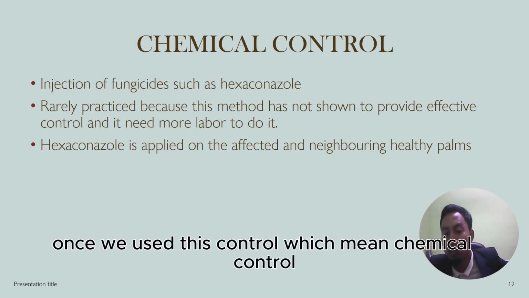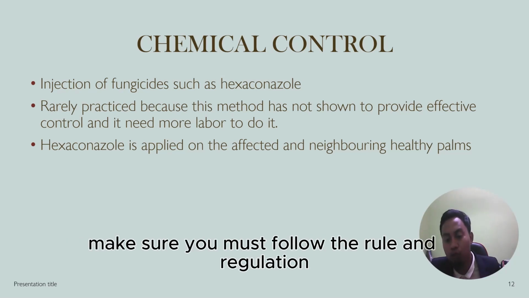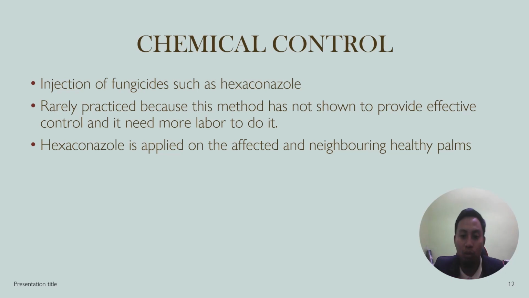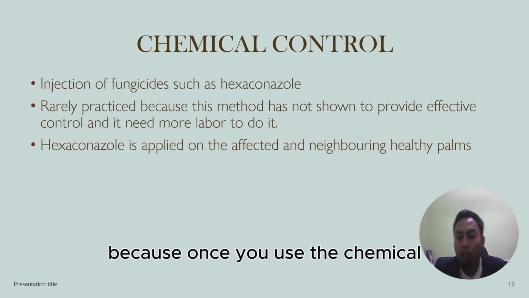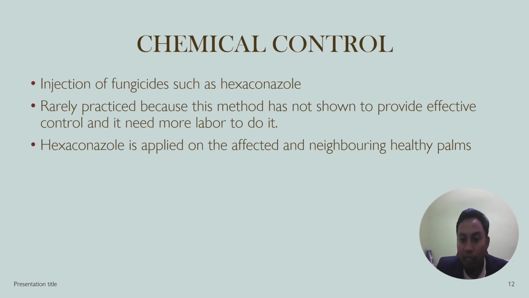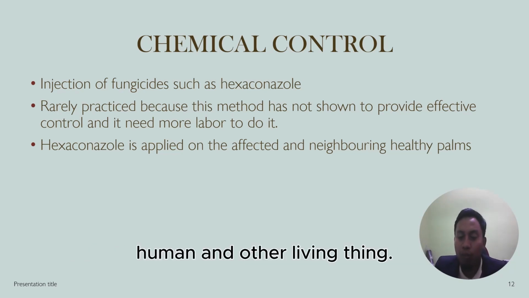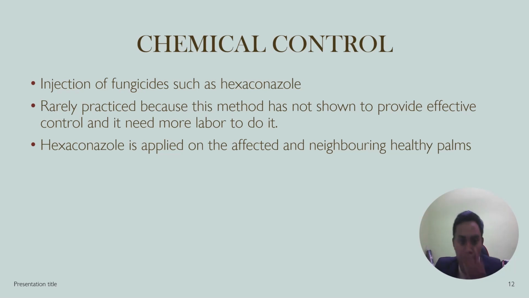Once we use this control, we must follow the rules and regulations and make sure this control is the last control that we use, because once we use chemicals, it is not only about the cost, but chemicals are more risky to the environment, humans and other living things.